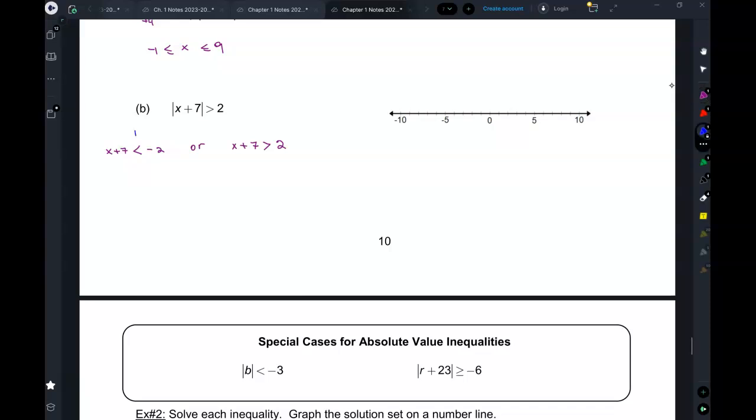Do you see how in this case the inequalities are in the opposite direction? Here they were in the same direction. So again, it's going to be less than -2, greater than +2. So here x is less than -9, or x is greater than -5. So here and here.